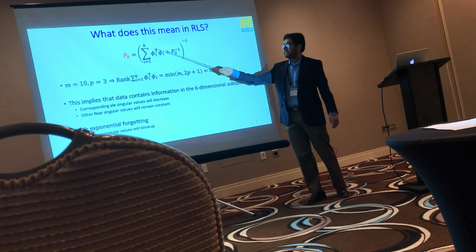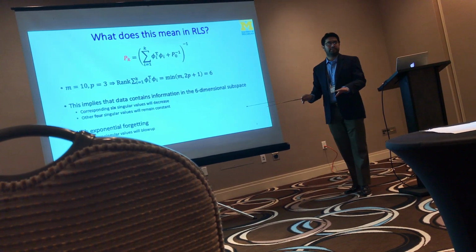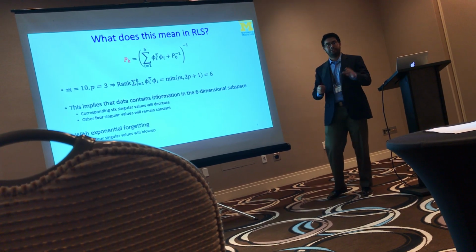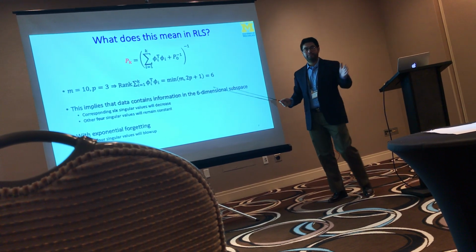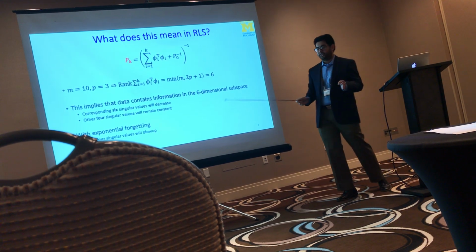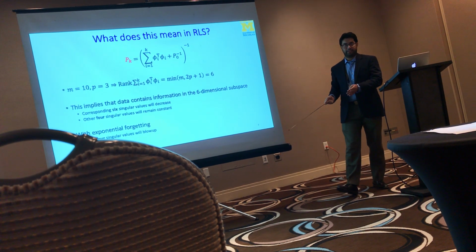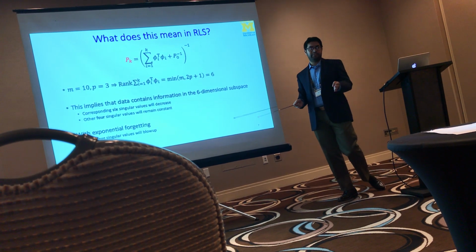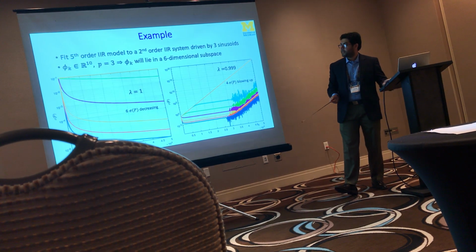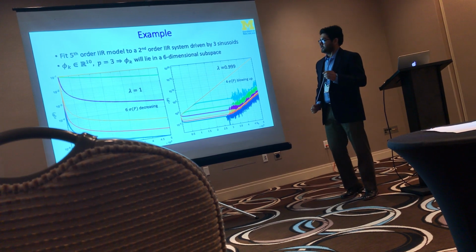This means that the data is constrained in a 6-dimensional subspace because this matrix rank is 6. So those corresponding 6 singular values will keep on decreasing. The last 4 singular values will not decrease. And in fact, if you do apply exponential forgetting, those 4 singular values will keep on increasing and they will eventually blow up. So this is a numerical example showing that conjecture.